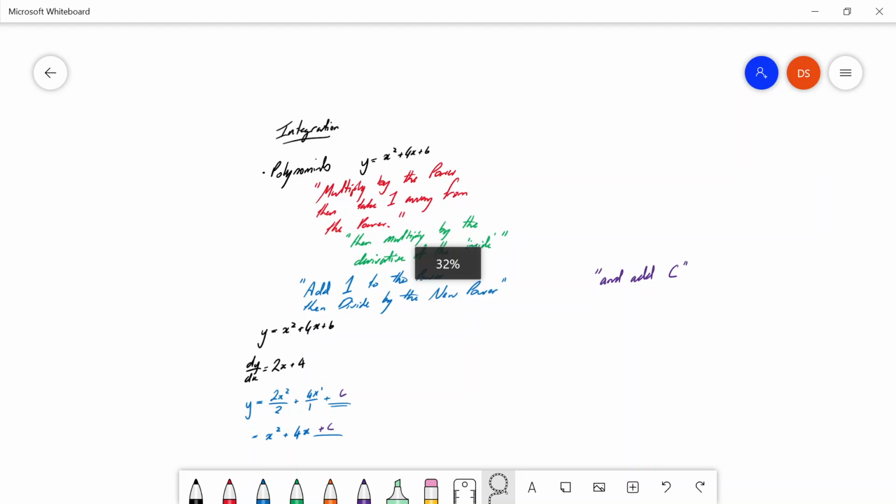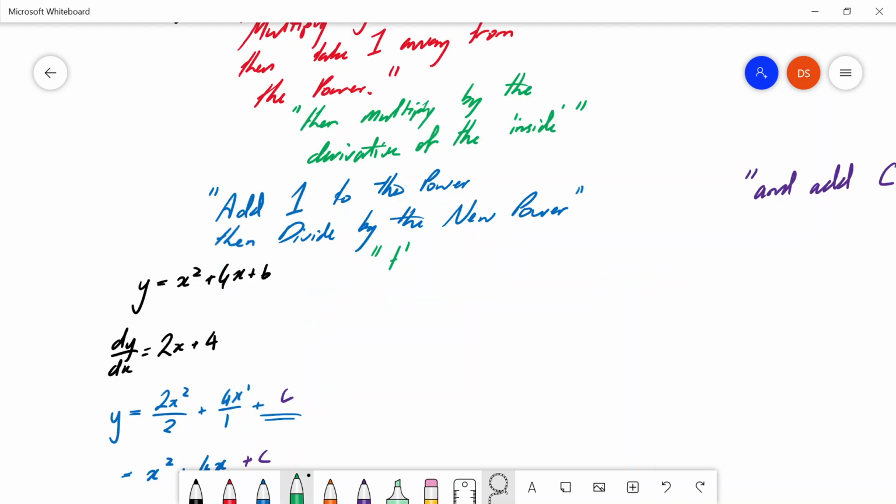So I'm going to write the same thing. Then, instead of multiplying, I'm going to divide by the derivative of the, once again, inside. But there's a small issue on this inside.